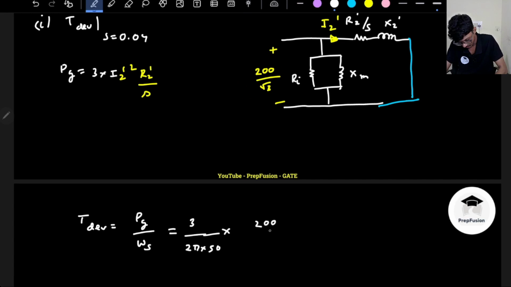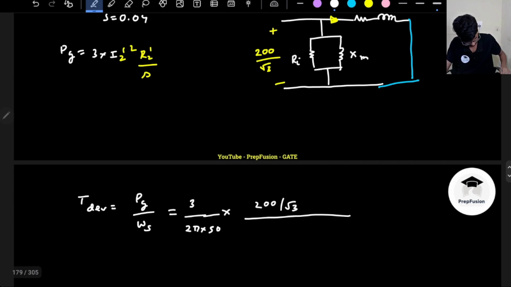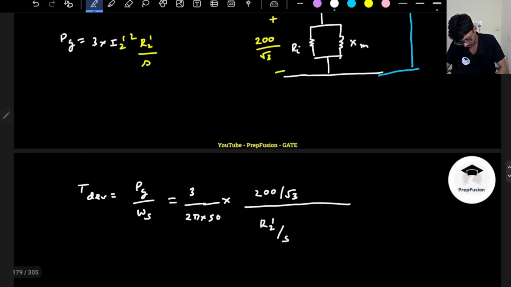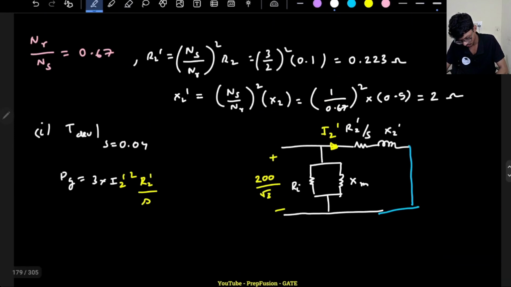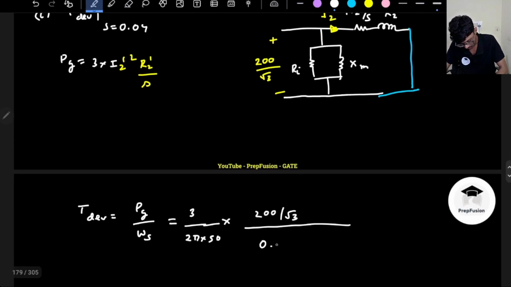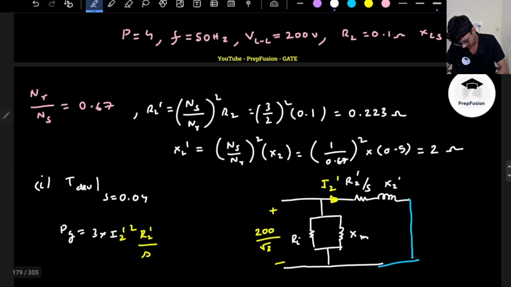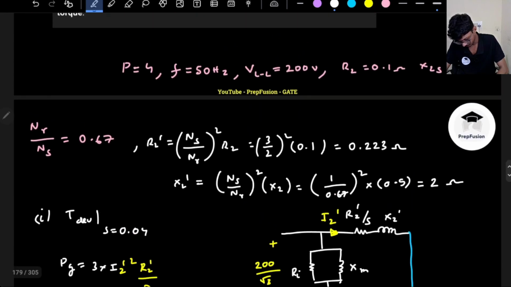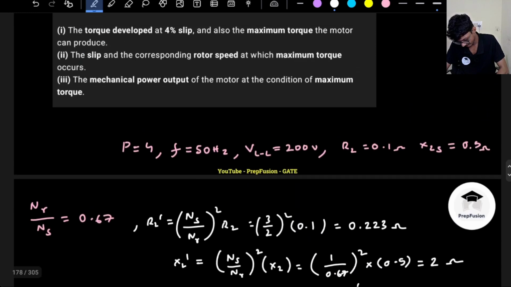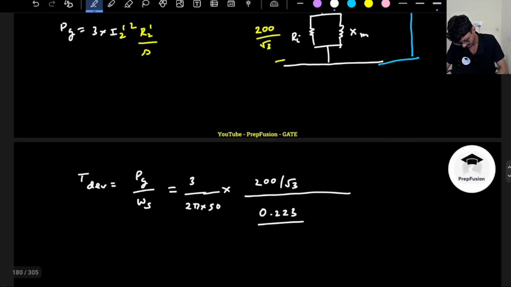So this 200 by root 3 divided by the impedance, just hold on, it is R2 dash by S. R2 dash we have derived, it is 0.223 divided by S. S is basically 0.04, right? S is 0.04.